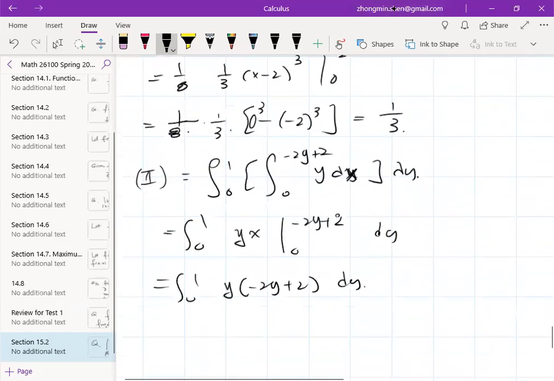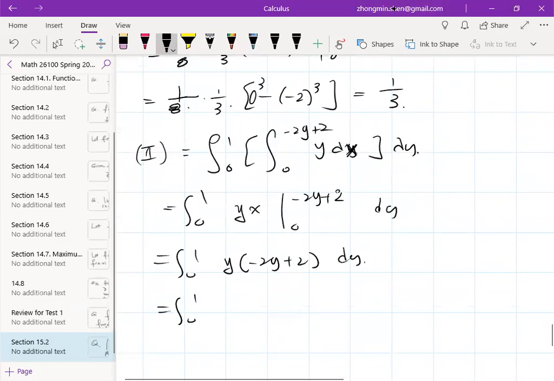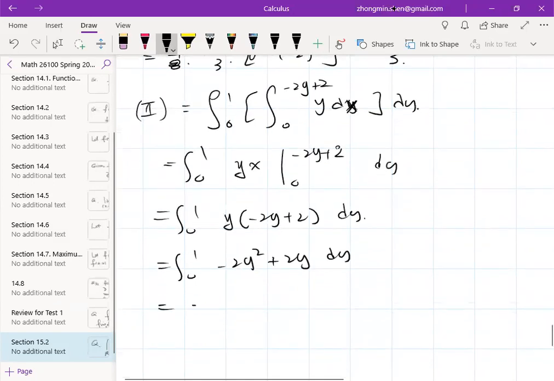Then you find the antiderivative of that function. The antiderivative of this function is going to be negative 2/3 y cubed plus y squared. And evaluate. You will be surprised to get the same result, 1/3.